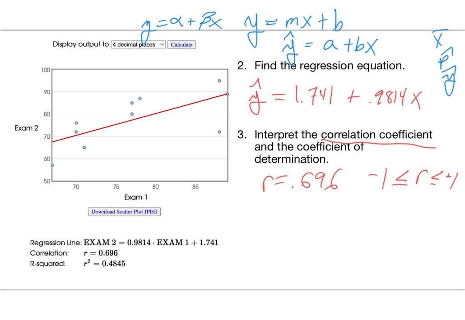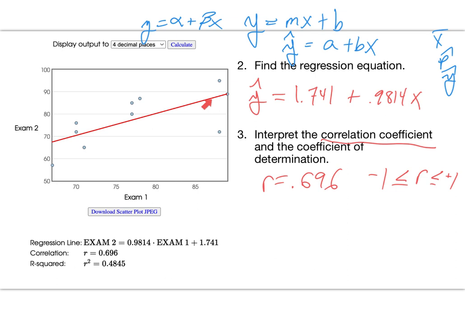0.696 would fall into the category of a moderately positive linear relationship. Moderately strong. I mean, you could even say it's mostly linearly related. Again, correlation assesses how linear the relationship is.